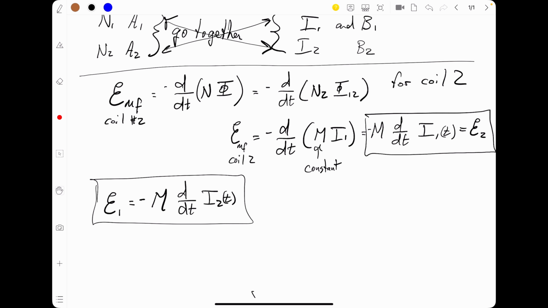So now we really have to study inductors, okay? Mutual inductance and inductors. That's the whole thing. So I want to be clear about this.